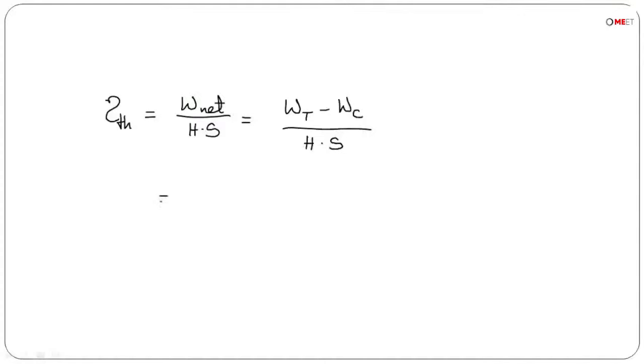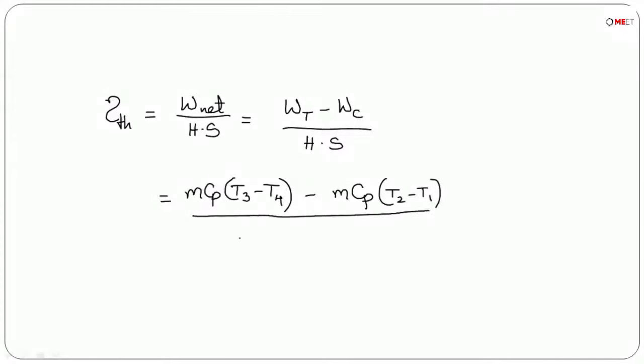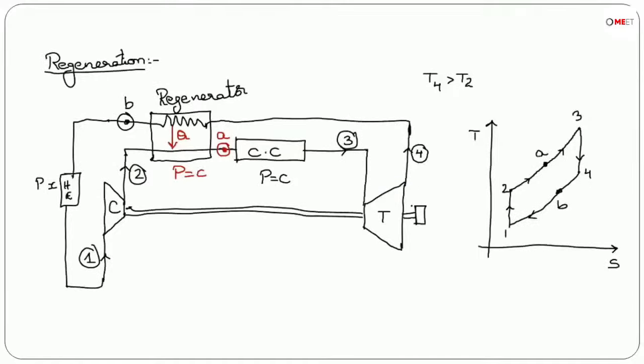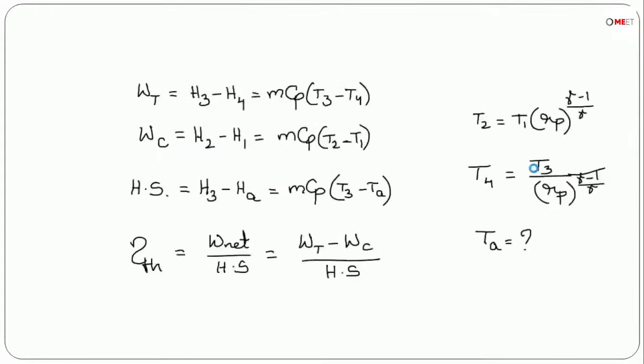Turbine work is m Cp (T3 minus T4), minus compressor work, which is m Cp (T2 minus T1), by the amount of heat supplied, which is m Cp (T3 minus TA). Process A-2-3 is the heat supplied process.